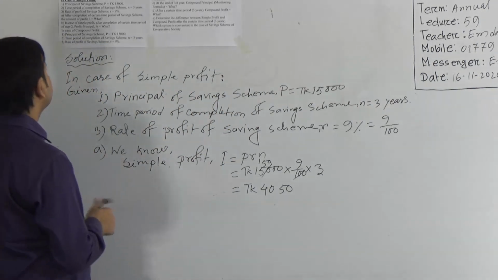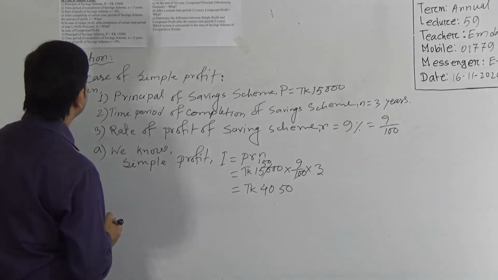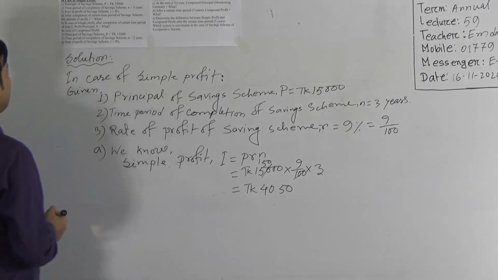So you can write here, after completion of certain time period of savings scheme, the amount of profit.